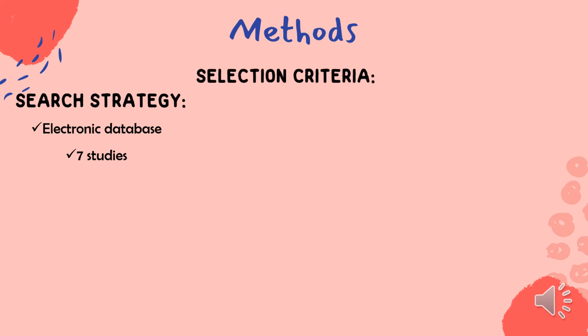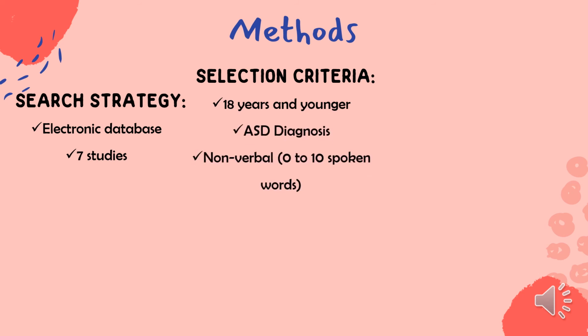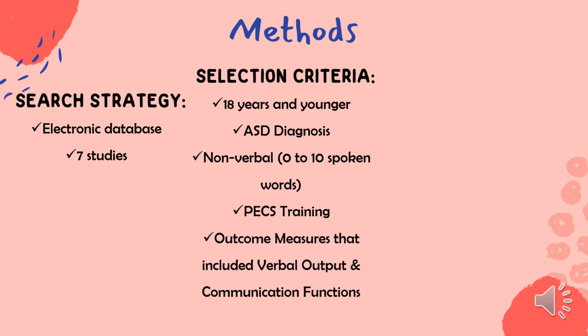Selection criteria. To meet inclusion, studies must have included participants 18 years and younger with ASD diagnosis, a nonverbal communication profile, 0 to 10 spoken words, PECS training, and outcome measures that included verbal output and communication functions.